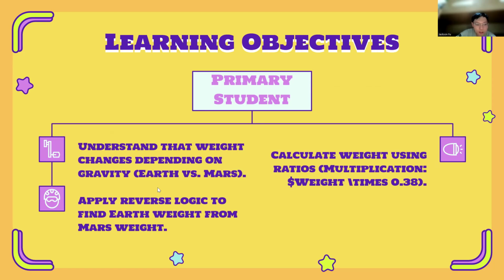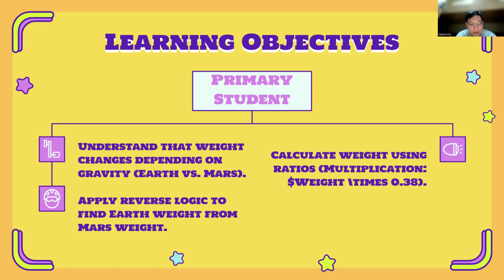So I have set three measurable learning objectives for this activity. By the end of this session, students will be able to understand that mass stays the same while weight changes depending on planet gravity, and calculate the weight or mass using the ratio formula.